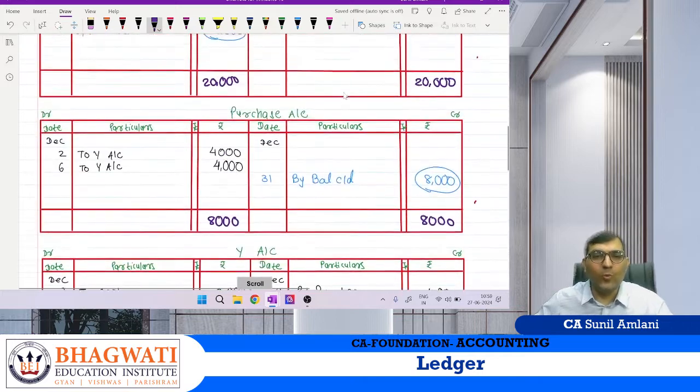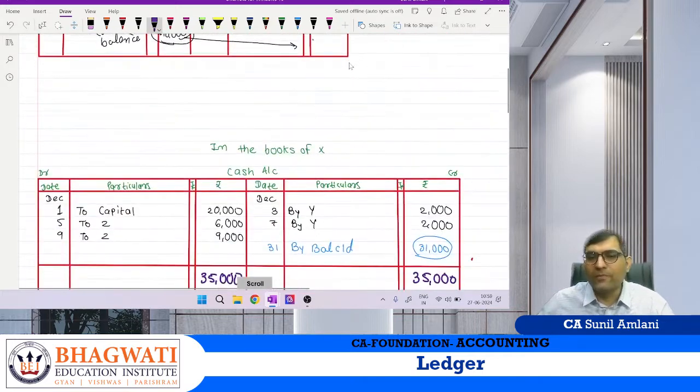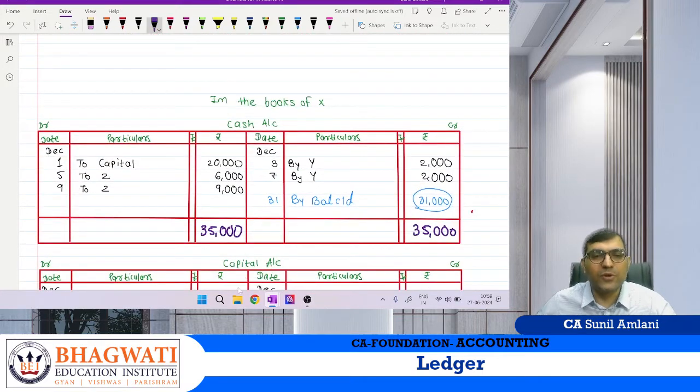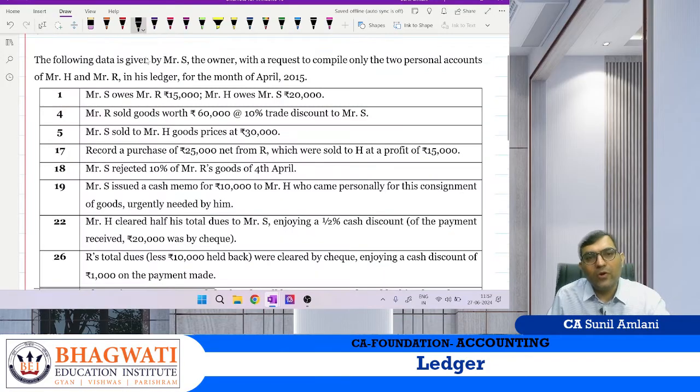So this is how we do it. This was your question for ledger. The following data is available, given by Mr. S. Okay, so the entire data is for Mr. S. So we have to draw the ledger in the books of S, the owner, with a request to compile only the two personal accounts of Mr. H and R. Okay, so in this given transaction, we can be having multiple accounts involved, right?